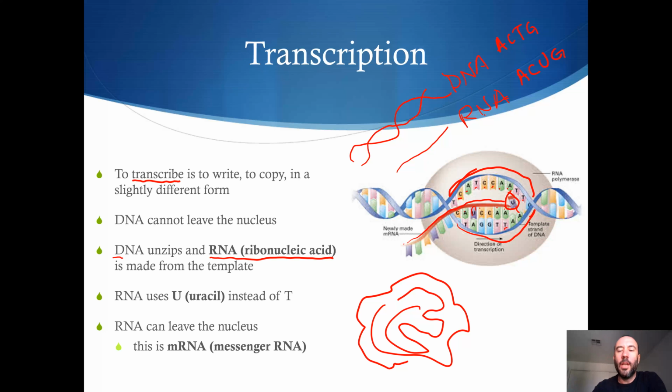So the process of making these strands of RNA is expressing certain parts of the DNA. So when transcription is happening, it's not copying the entire genome. It's copying specific parts, okay, depending on what needs to happen in the cell at that time.